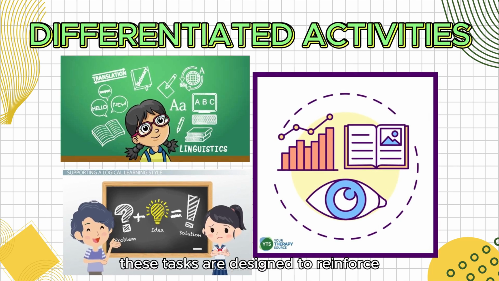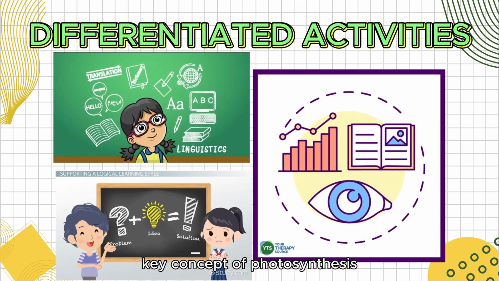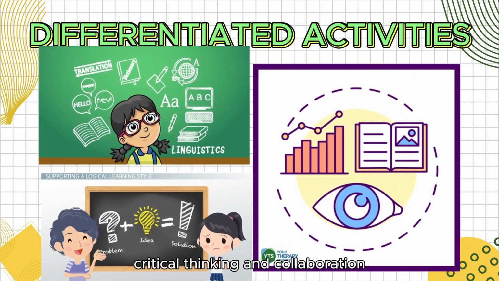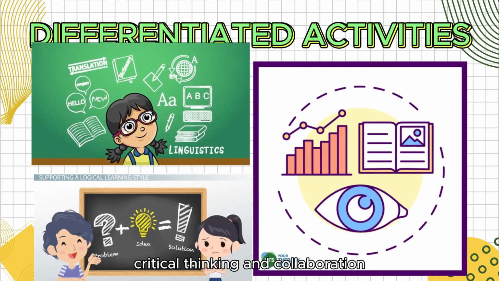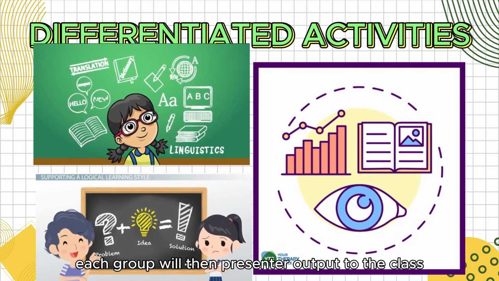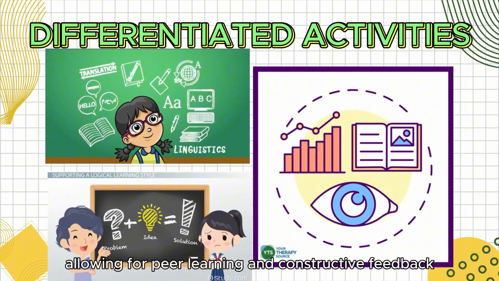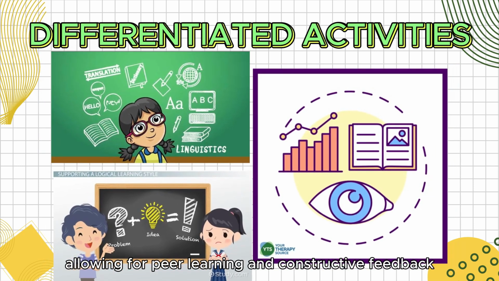These tasks are designed to reinforce key concepts of photosynthesis while promoting creativity, critical thinking, and collaboration. Each group will then present their output to the class, allowing for peer learning and constructive feedback.